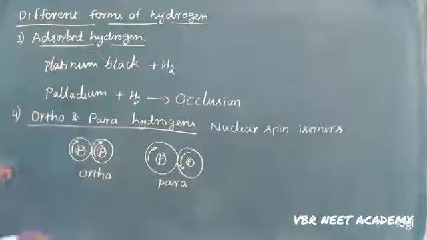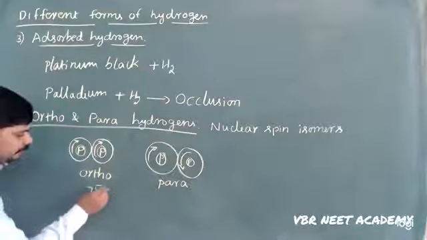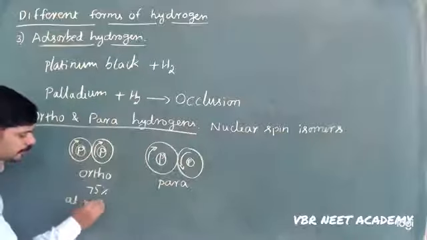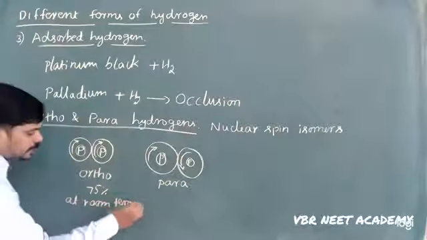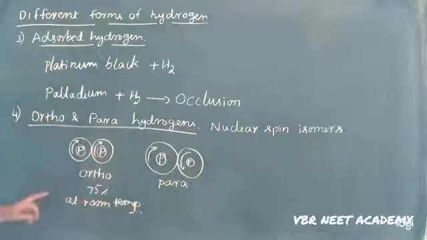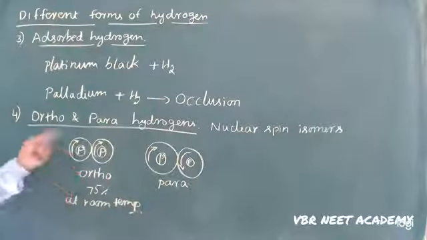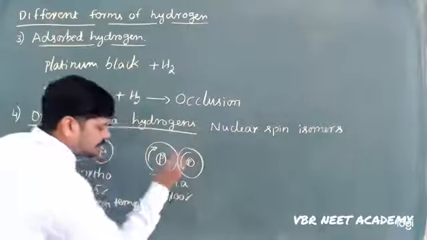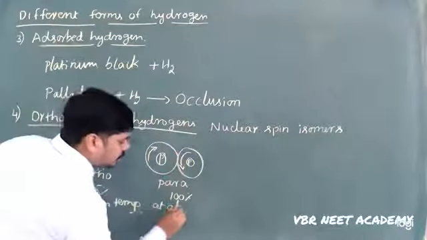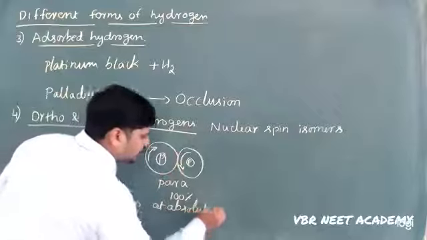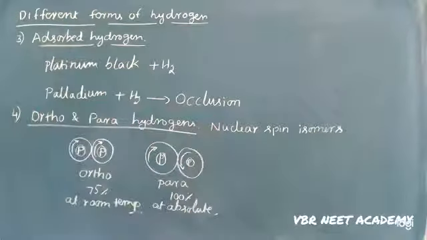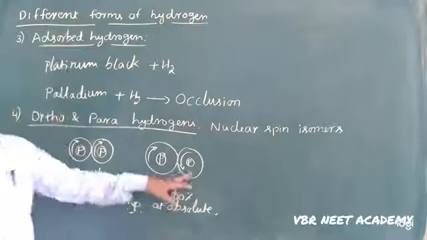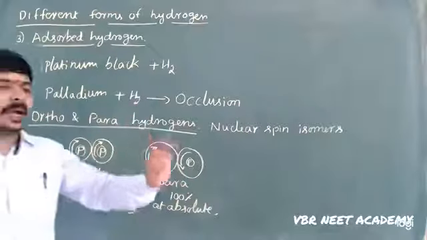That's the question we get. 75% ortho is going to be present at room temperature, in ortho form. Whereas para is going to be 100% at absolute zero. When we take absolute zero, we get 100% of hydrogen existing in para hydrogen form.